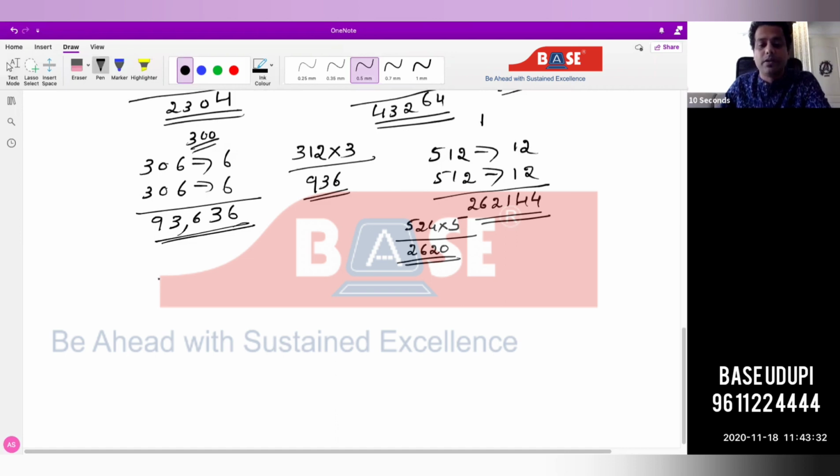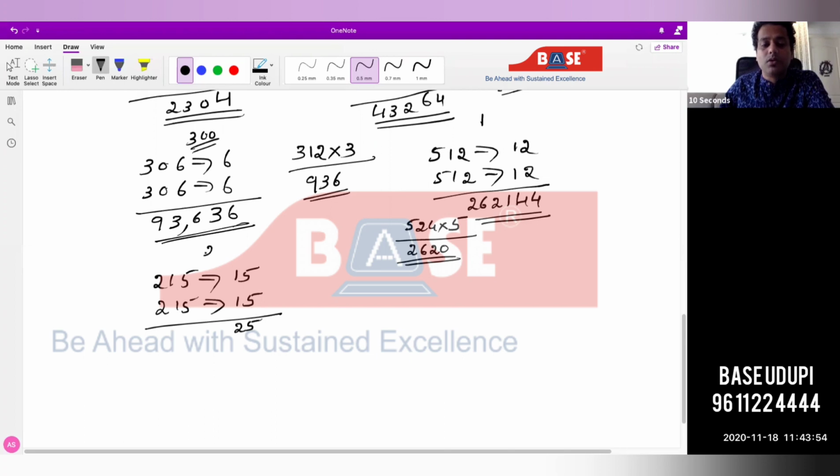Let me take one number where there is a carry to avoid confusion. Say 215. 15 more than 200. 15 into 15, 225. You can write only 25.